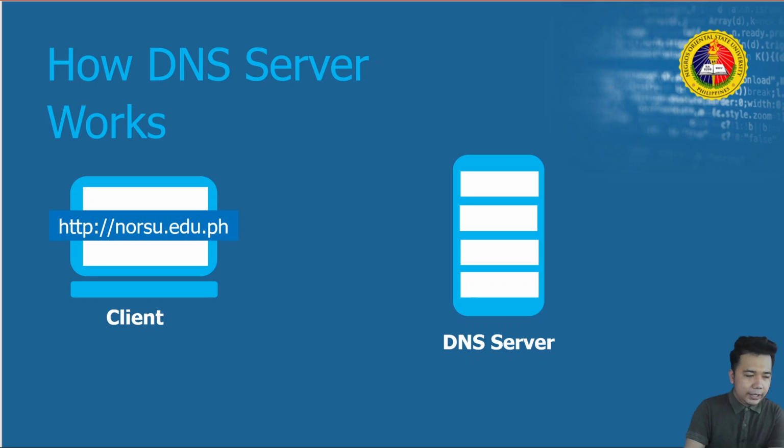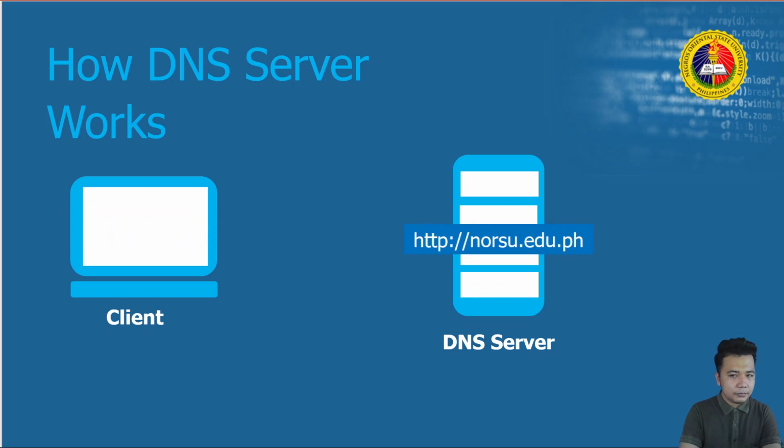Going back, we already have an idea how the DNS works as an overview. If we enter the URL, the URL will be sent to the DNS server to get the IP address, and then the process continues.